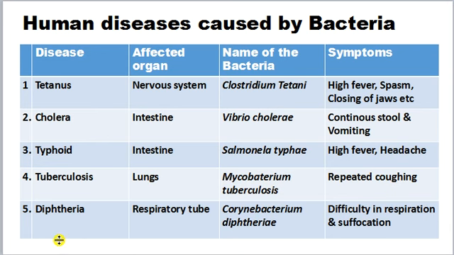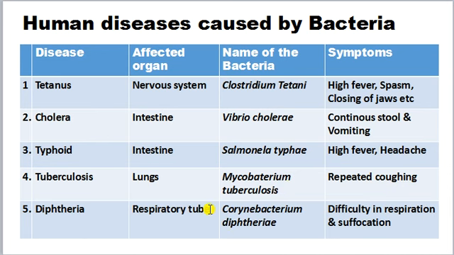Now the fifth one is diphtheria. Diphtheria is a serious infection of the nose and throat that is easily preventable by vaccine. It mainly affects your respiratory tract and lungs, and it is caused by Corynebacterium diphtheriae.